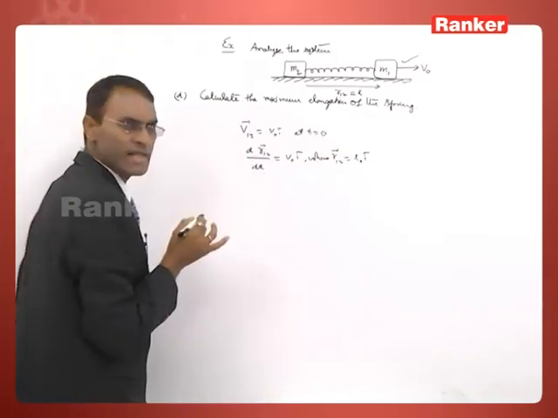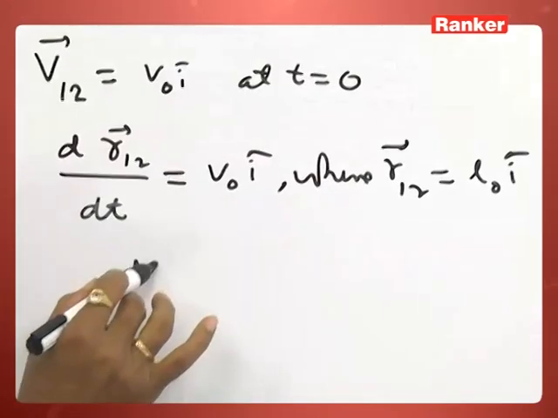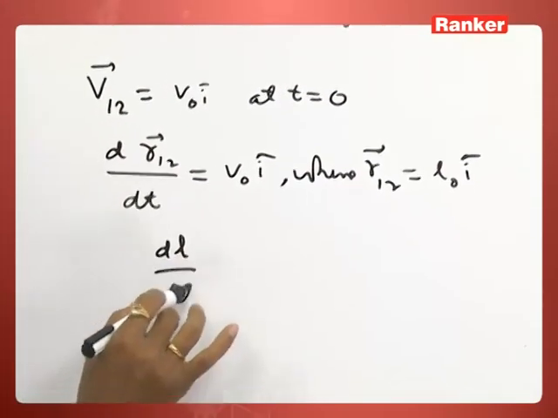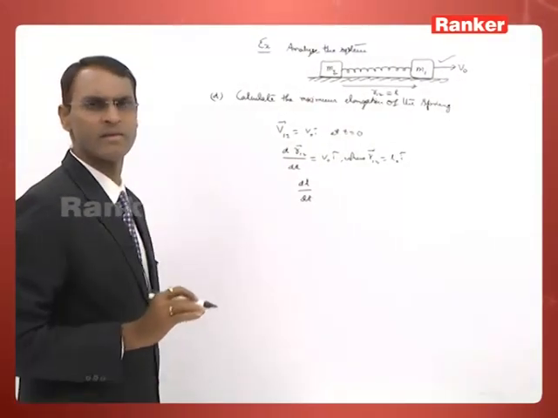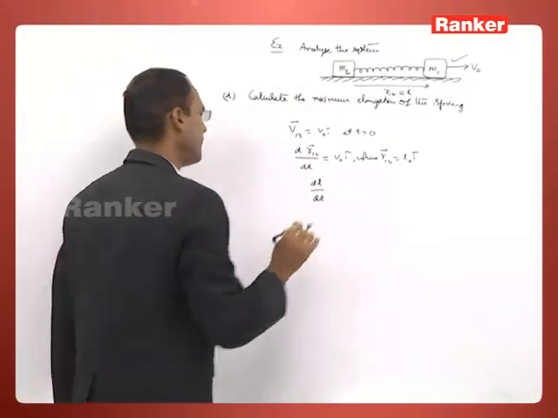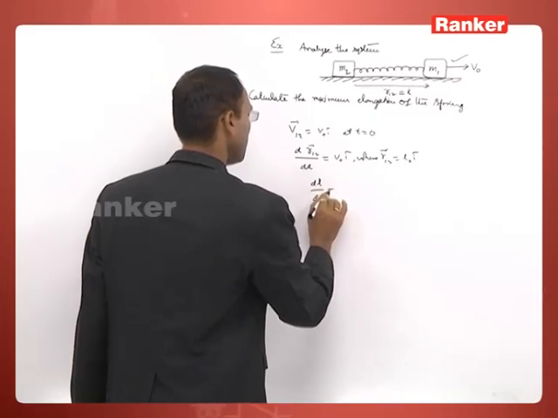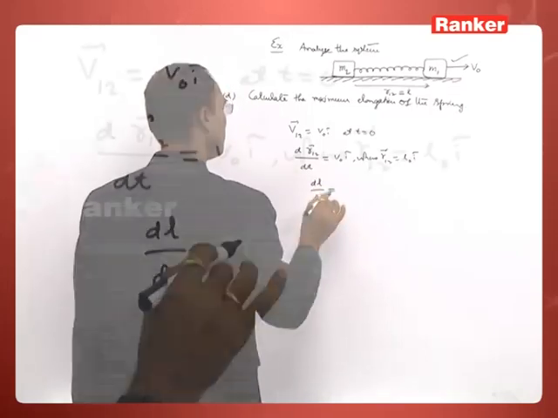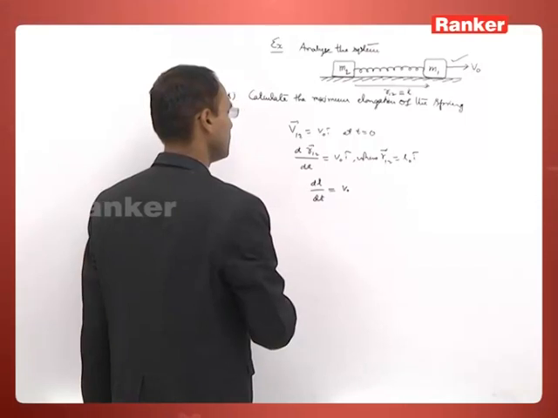This gives us the idea that the length of the spring will change at a rate of v naught initially.